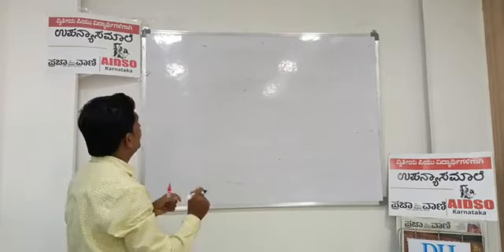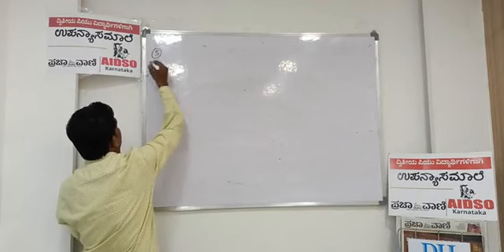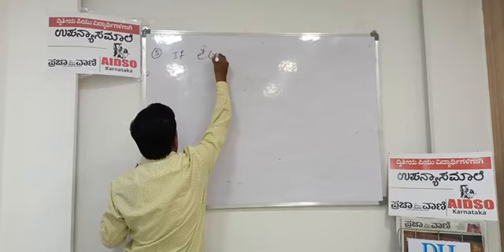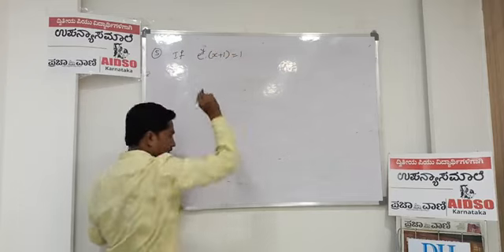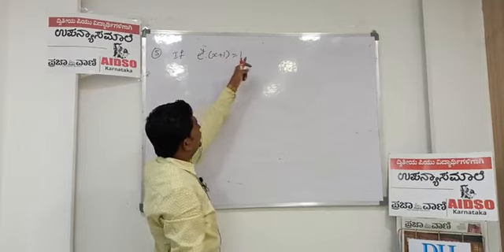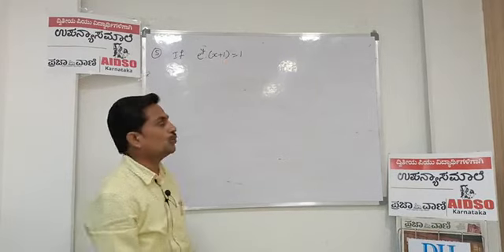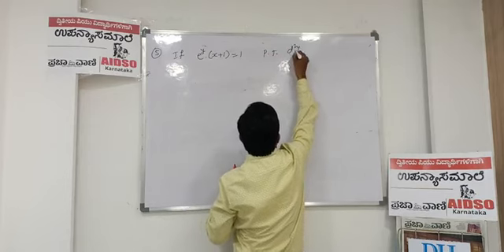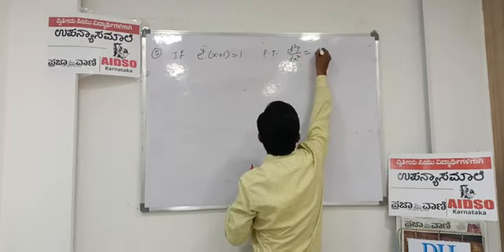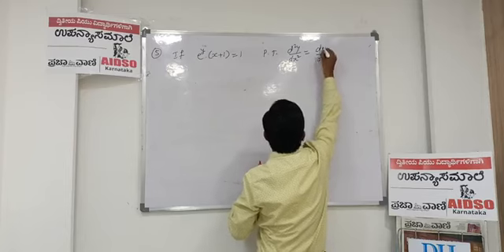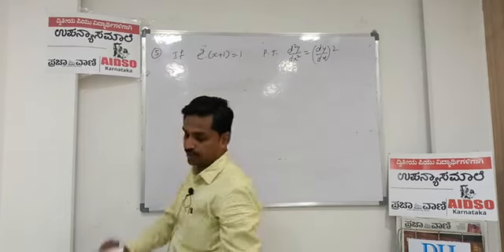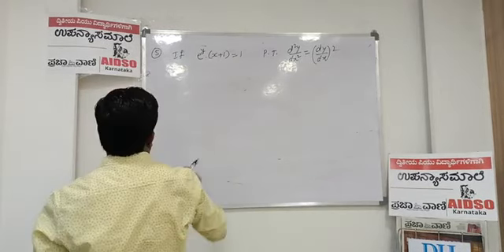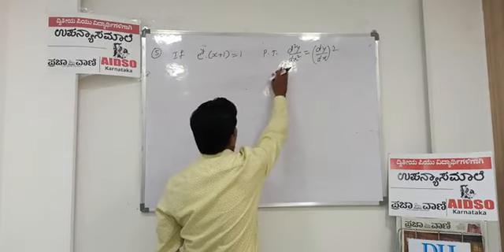In that case, what we can expect is this condition: if e to the power y into x plus 1 is equal to 1, then prove that d square y by dx square is equal to dy by dx whole square. So this is the condition, and based on it we need to prove this result.